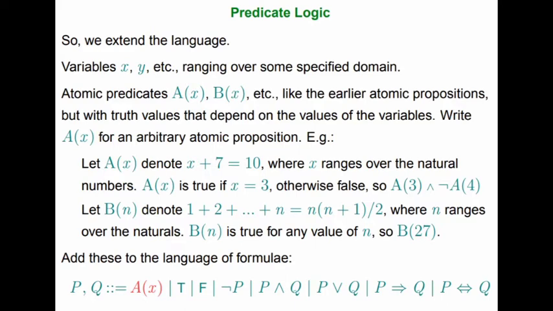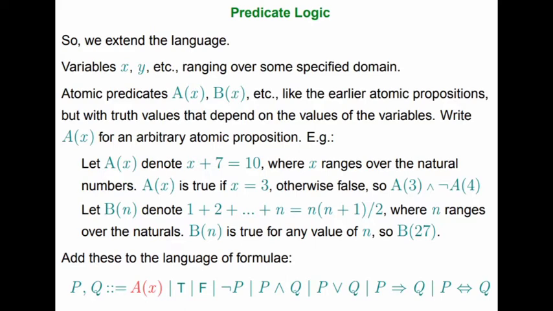So, we extend the language. Variables X and Y ranging over some specified domain. Atomic predicates A of X and B of X like the earlier atomic propositions, but with truth values that depend on the values of the variables.